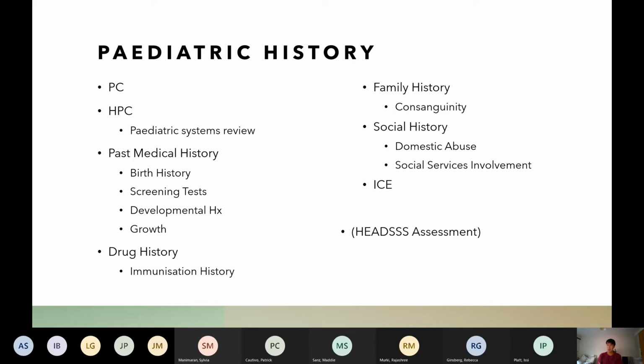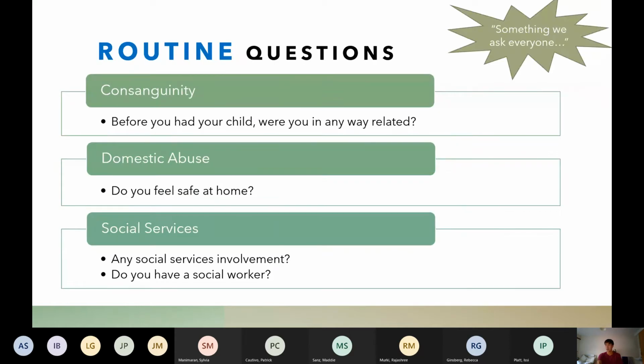Immunisations: is baby up to date with immunisations? Family history: before you had your child, or before you were married, were you in any way related? Do you feel safe at home? Do you have a named social worker? There you go. So you'll get very, very comfortable going through this, but I really, really encourage you to stress the importance of asking these routine questions, just because you won't be like me and forget to ask one of those in an OSCE station, but also because it's incredibly important.